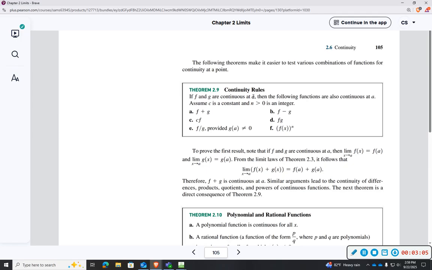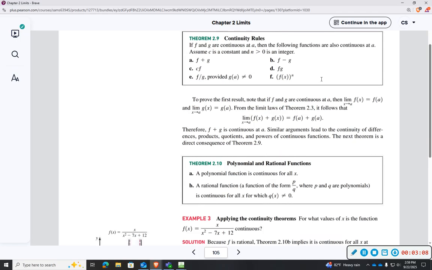Then we go over continuity rules. Theorem 2.9 just tells you if you have two functions, f and g, and they're continuous at point a, you can apply the same rules. f plus g will also be continuous. f minus g will be continuous. c, some constant times the function f, will be continuous. f times g is continuous. f divided by g is continuous, provided that g of a is not equal to 0, since you can't divide by 0.